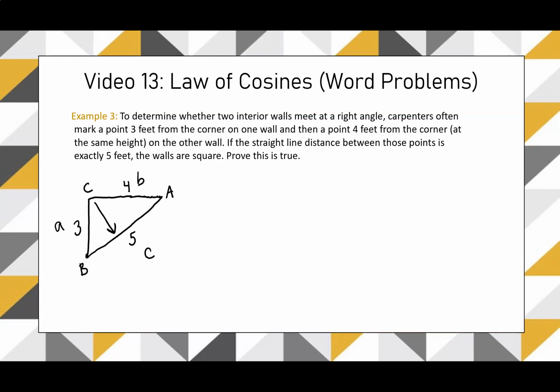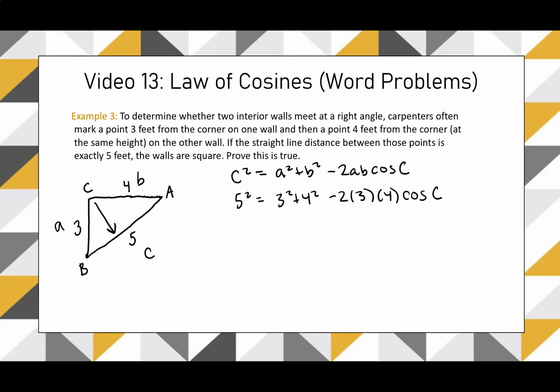Kind of looks like it, but we're not sure yet. So we're going to do C squared equals A squared plus B squared minus 2AB cosine C. So this is going to be 5 squared equals 3 squared plus 4 squared minus 2 times 3 times 4 cosine C.